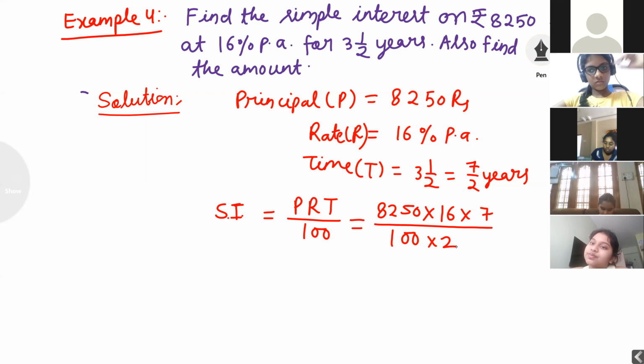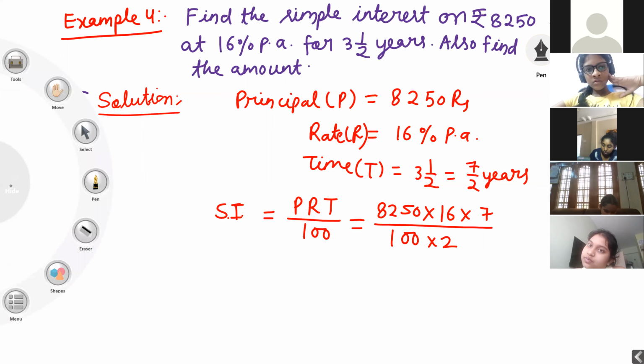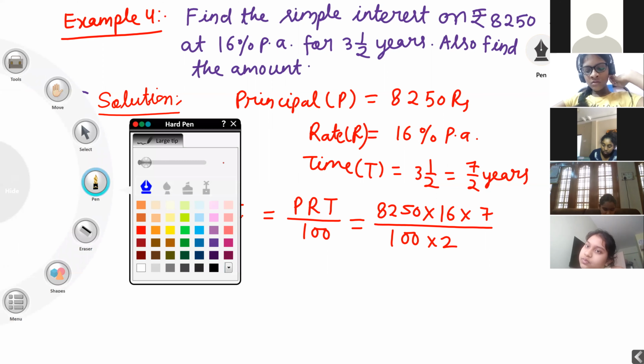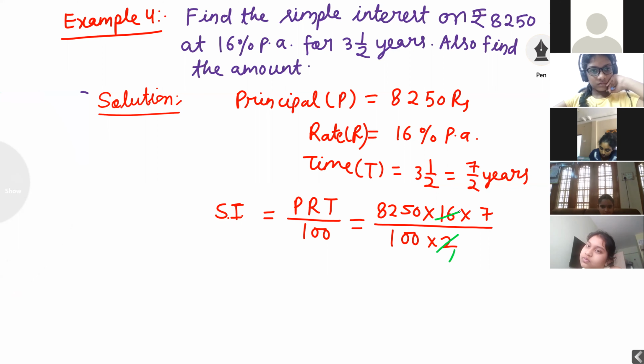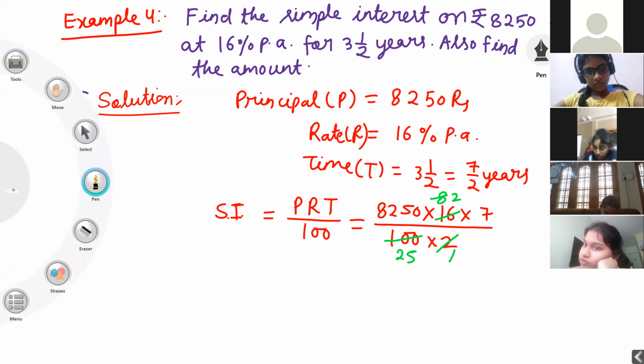Simple concept. 7 will be written up and 2 written down. No cancellation. 2 ones are 2. 2 8s are 16. 4 2s are 8. 4 5s are 20... 2 7s are 14.